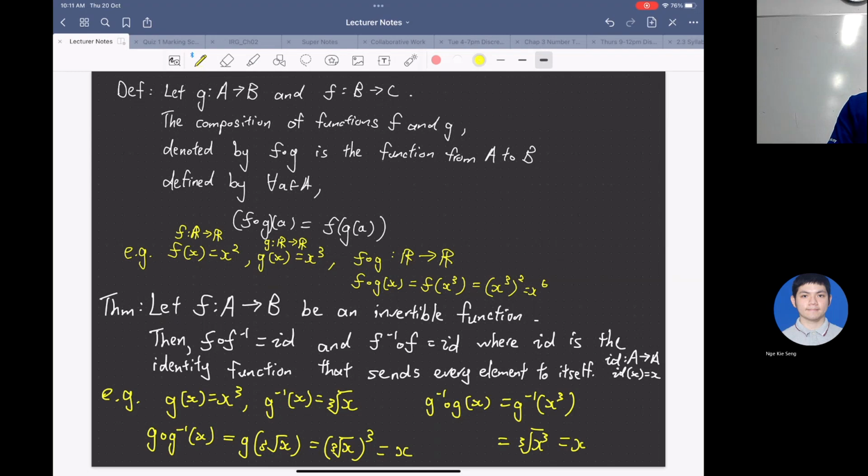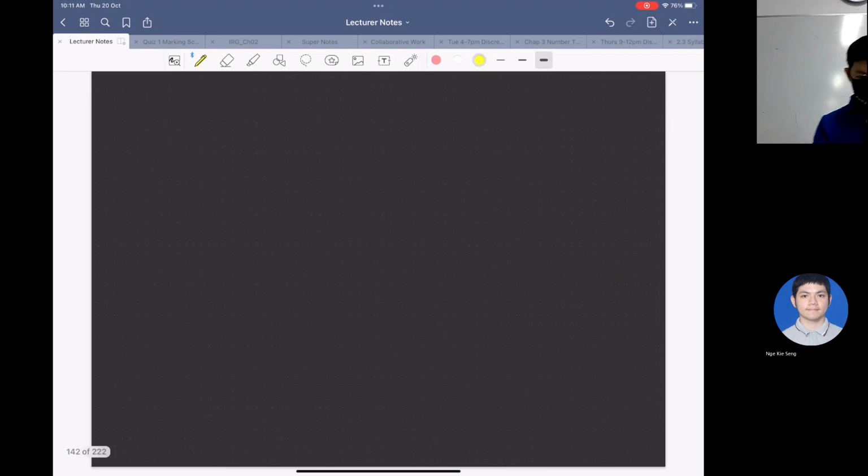Okay. Next. So next we have the graph. So what's the graph of a function? Last week we learned the ordered tuples.